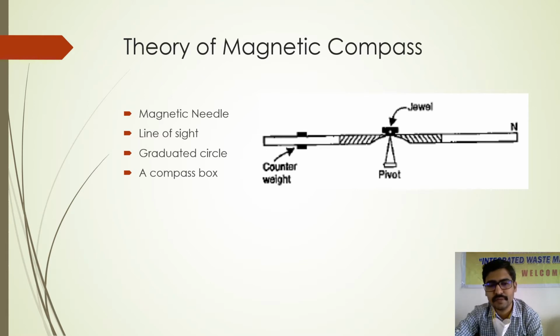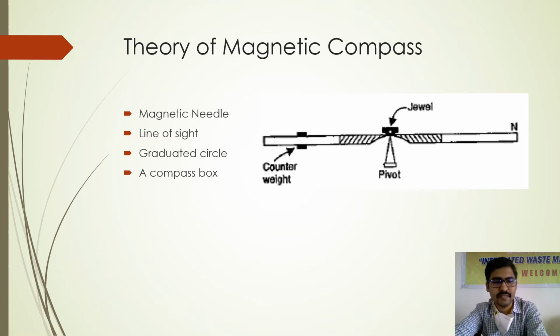In a similar way, when I want to know the bearing of a certain line, first I should have the line of sight so that I can watch towards that end, and the second thing required is the angle at which I am sighting. With respect to north, what is my line of sight, and what angle does that line of sight make with the north direction?